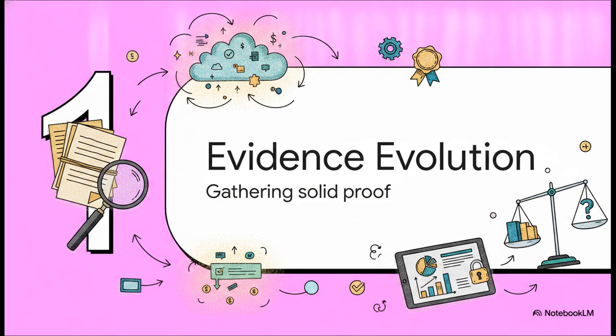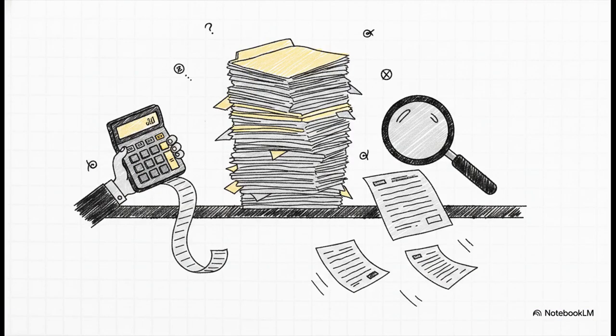Starting off with Section 1, the audit evidence evolution. Now, at its core, an auditor's main gig has always been about gathering rock-solid, undeniable evidence to back up their conclusions, right? But before the digital revolution kicked in, gathering all that proof was incredibly manual. Traditional testing relied heavily on physical substantive procedures.